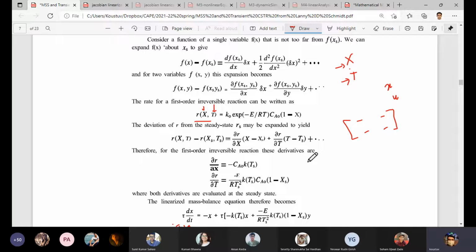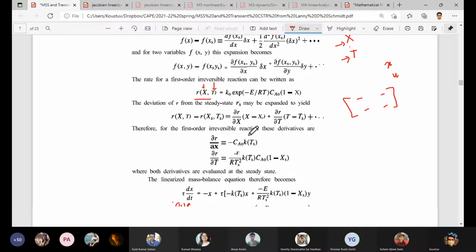If it is a real negative value, then the deviation variable will try to decrease with respect to time. That means the steady state point based on which you have linearized the equation, or done that deviation variable analysis, will be called a stable steady state point.